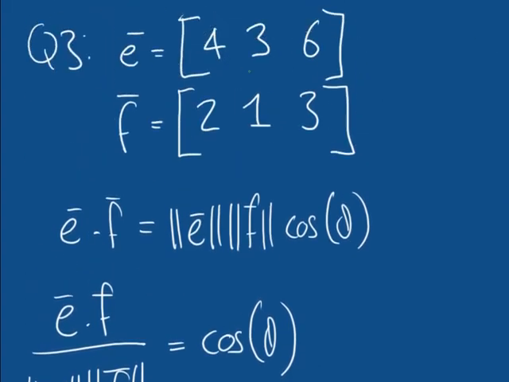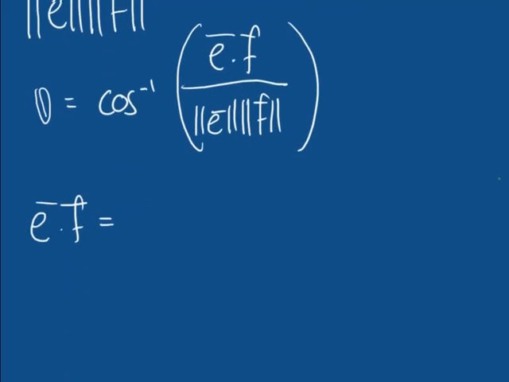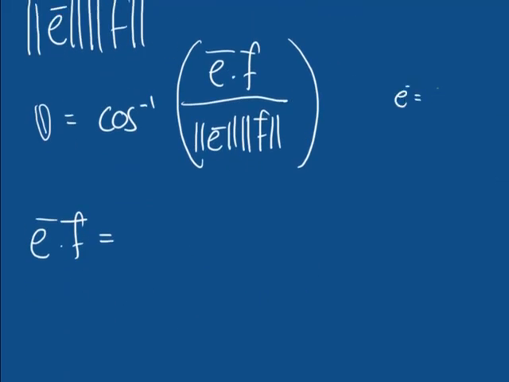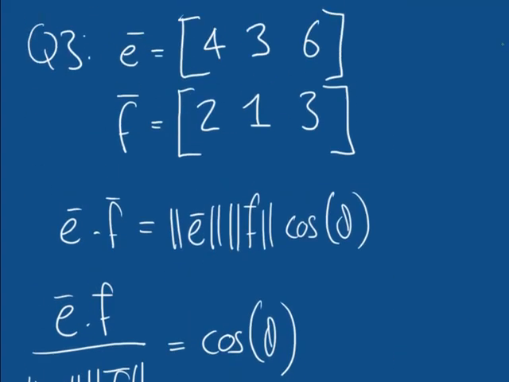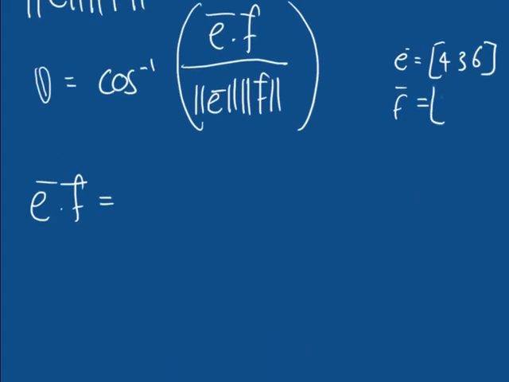So e is equal to (4, 3, 6), and f was equal to (2, 1, 3). Since we're going to need to refer to this quite a bit, I'll write that down here. Fantastic.